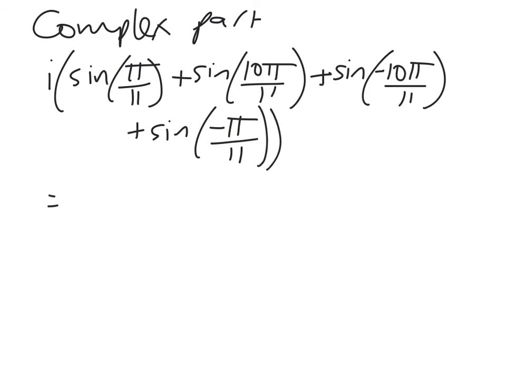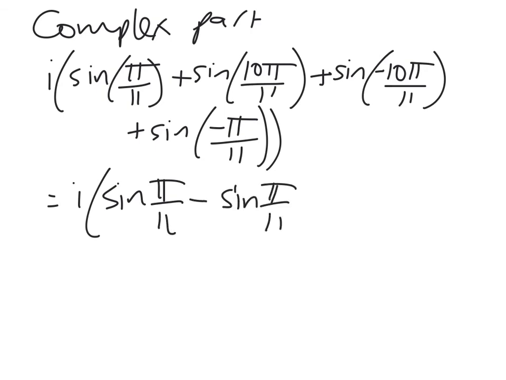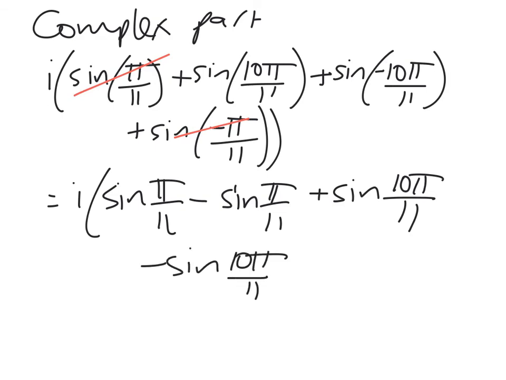So we can rewrite that as i times sine pi on 11 minus sine pi on 11. So that's that bit and that bit gone. And the same thing plus sine of 10 pi on 11 minus sine of 10 pi on 11. So that's that and that gone. So we've got rid of the complex part.